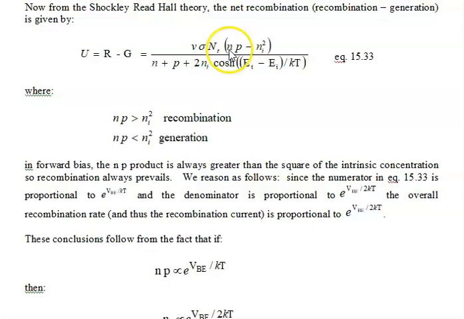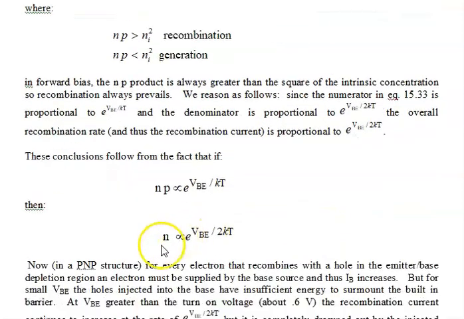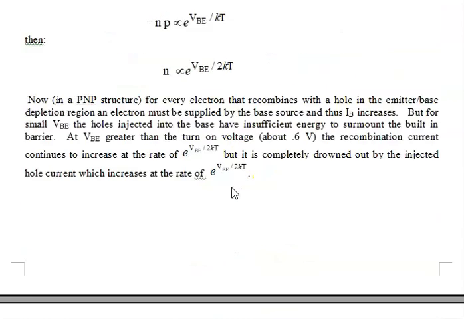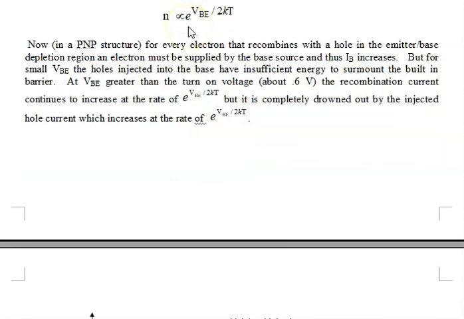And at higher levels, when we are able to overcome the barrier, we get the regular voltage divided by kT. So for very small values, this term predominates, and as soon as we get to turn on, somewhere in a range of 0.6 volts or so, then this term begins to dominate, and then this term is still there, but it is suppressed because this thing takes precedence.